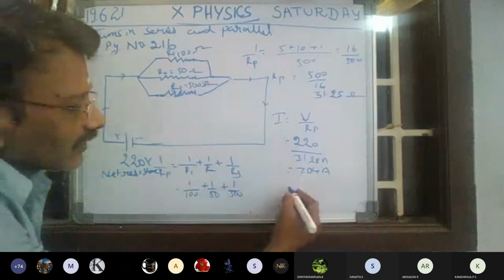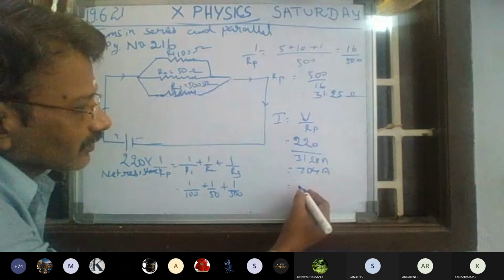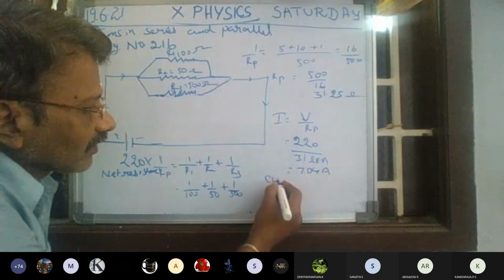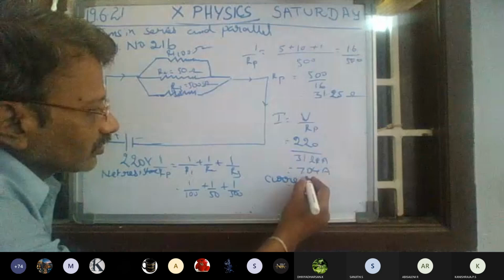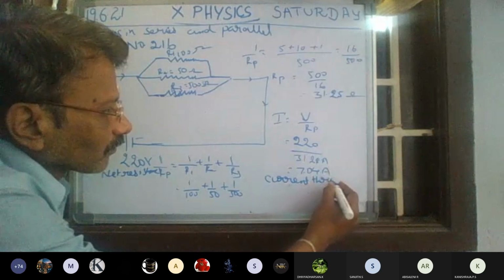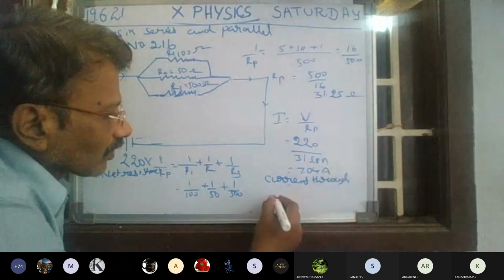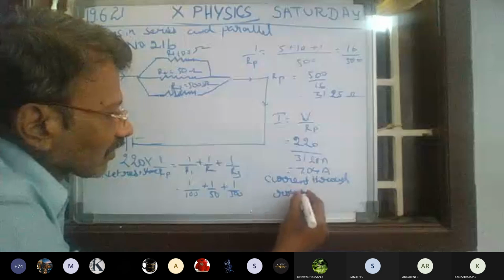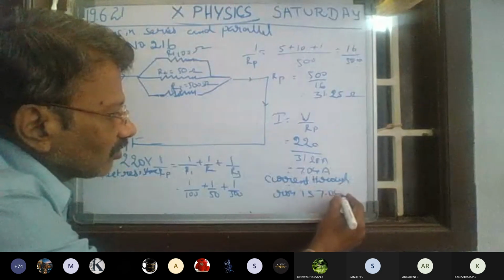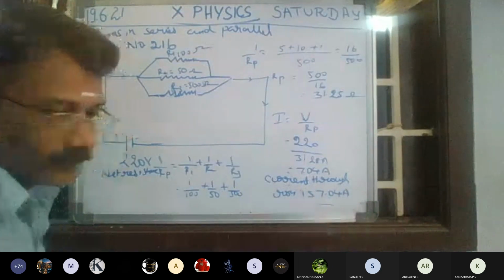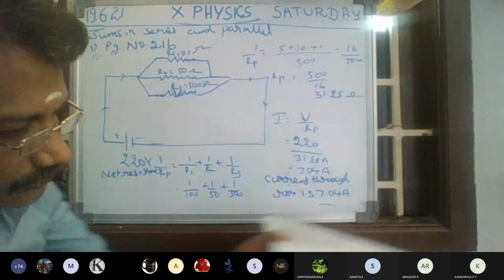So the current through the iron box is 1.04 amperes.